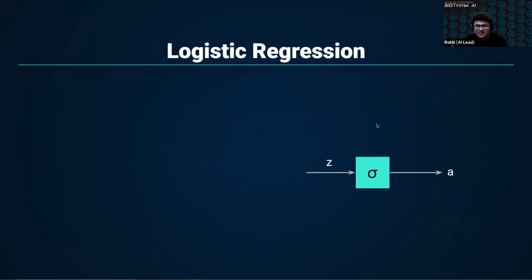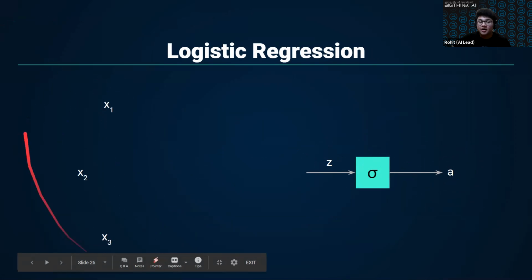That's the Greek letter sigma, and we give it an input and expect an output between 0 and 1. But we have multiple inputs, and these are the features. They could be the age of the customer, the join month, and all of that. So all of those are the inputs.